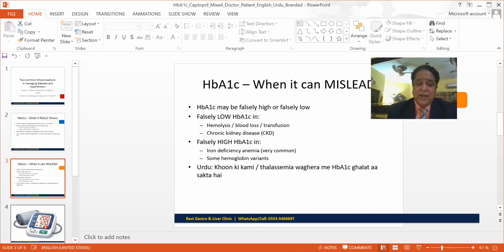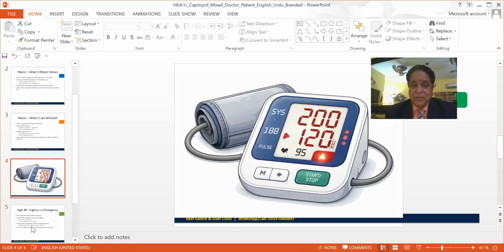Now the next thing is about hypertension. Generally, when we see high blood pressure, the patient is already in panic, and so is the doctor usually. The knee-jerk reaction is to put Capoten under the tongue.